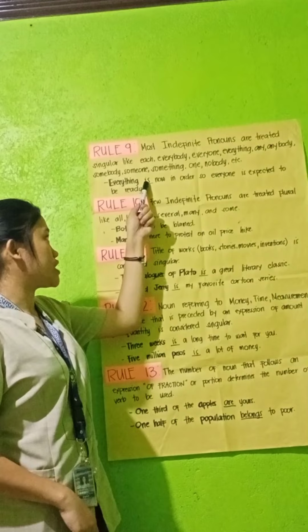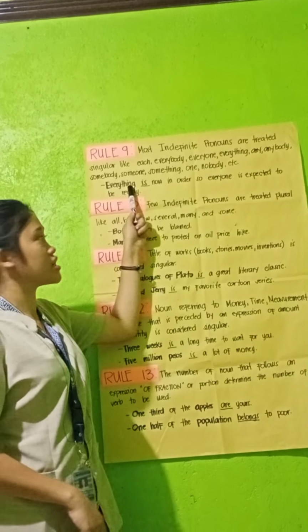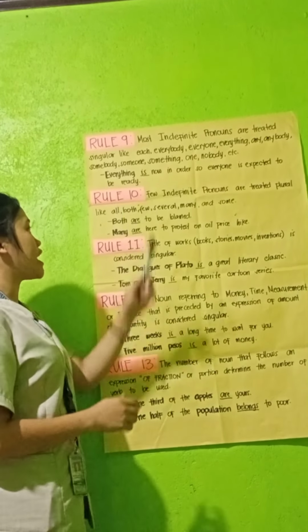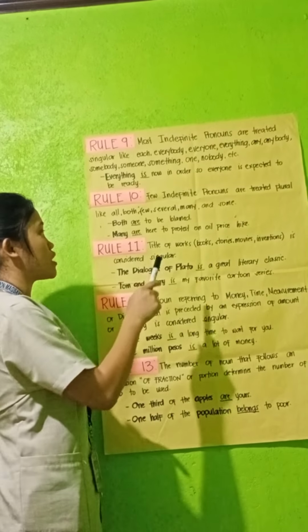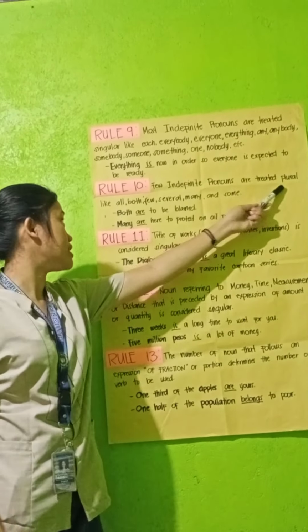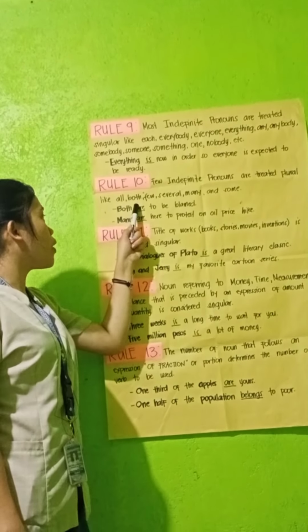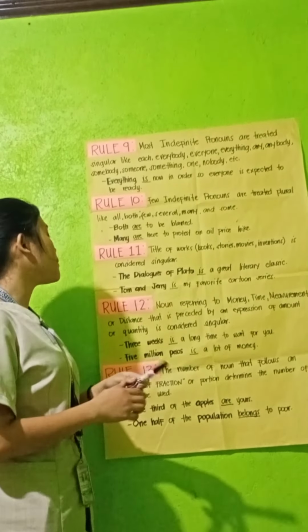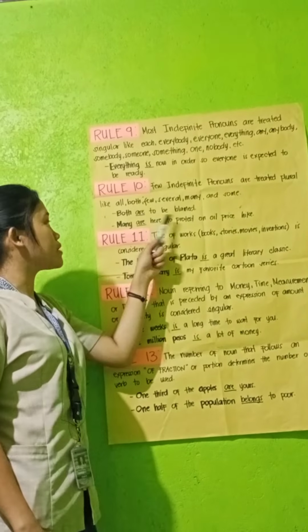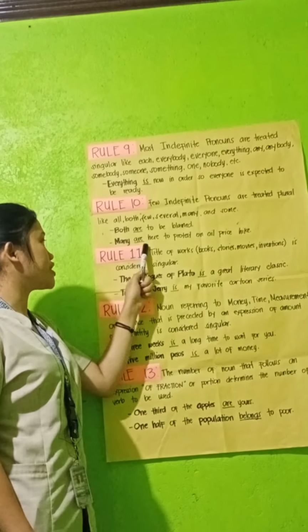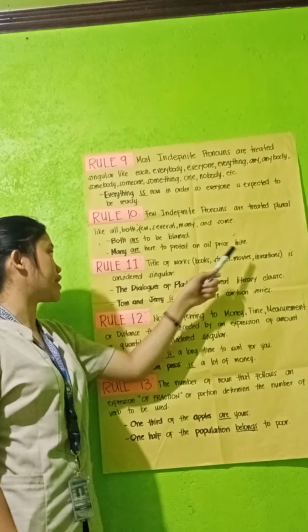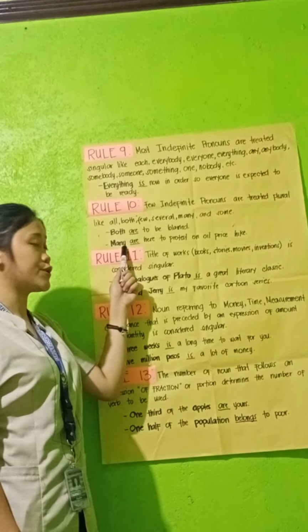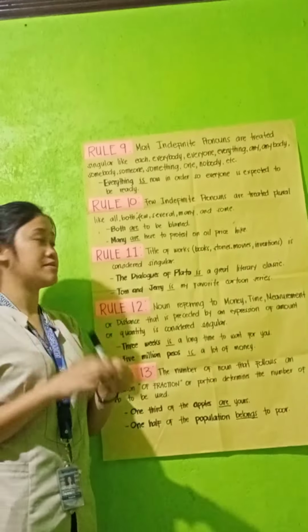We use is because of the word everything. Rule number 10. Few indefinite pronouns are treated as plural, like all, both, few, several, many, and some. Example, both are to be blamed. Many are here to protest the oil price hike. We use are because of the word many, which means pangmaramihan.